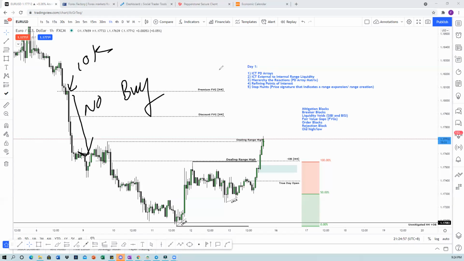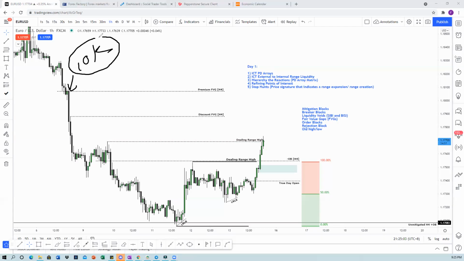To fill the 10K orders here, price needs to find liquidity in terms of counterparty. So where will price find this counterparty liquidity? At other PD arrays. Where is the next level of liquidity?